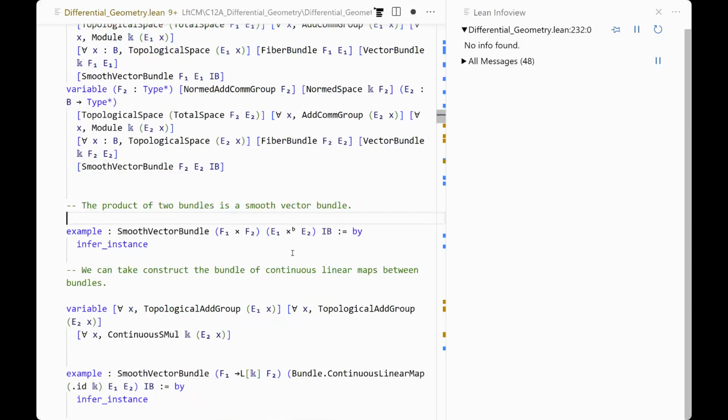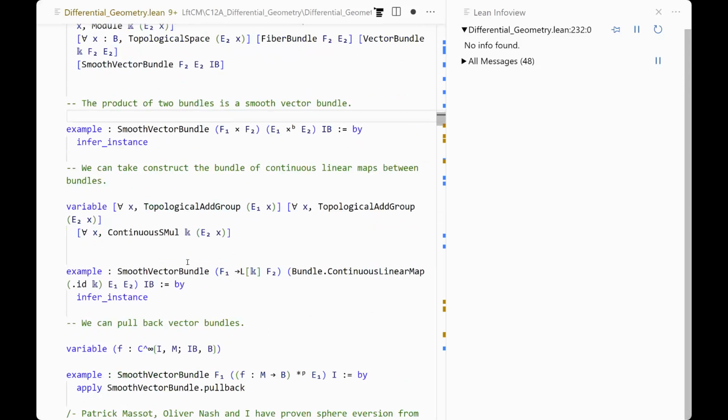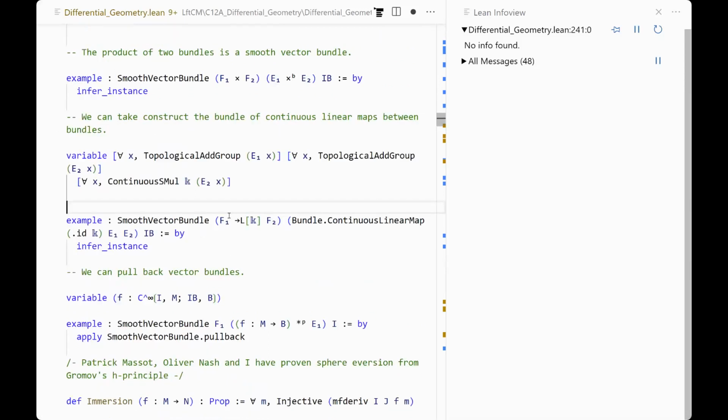We can, for example, do a couple of operations on vector bundles already. We have the product of two bundles, and that is again a smooth vector bundle with the product fiber over the same manifold. We can also take the continuous linear maps between two bundles. This bundle contains the linear maps between two bundles over the same manifold, and it has as fiber the continuous linear maps between the fibers.